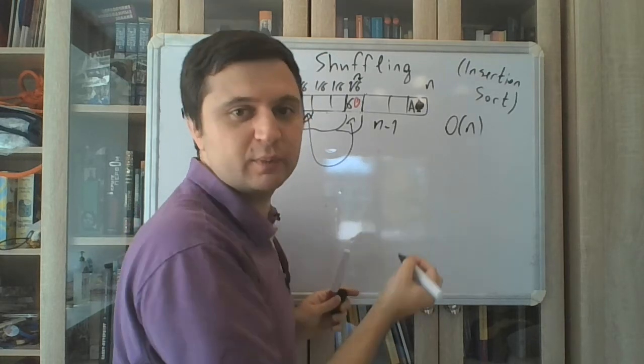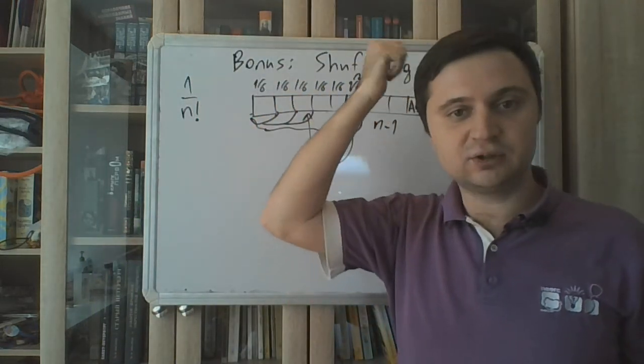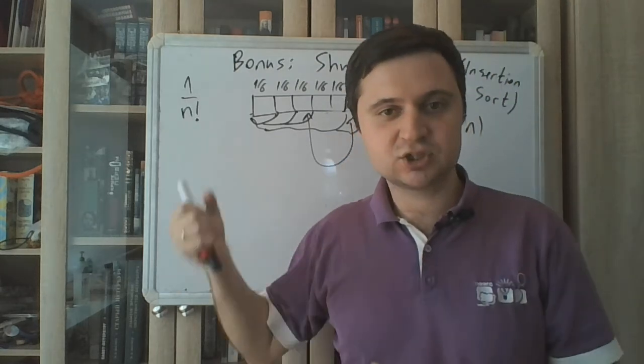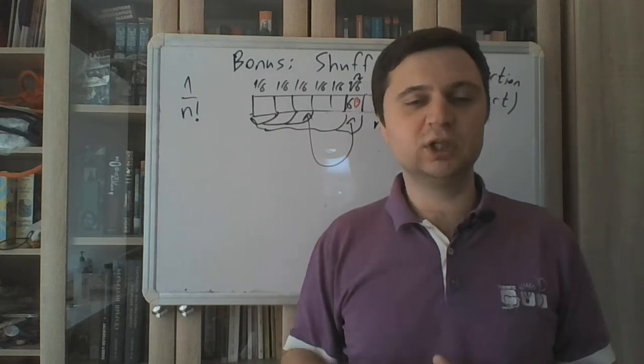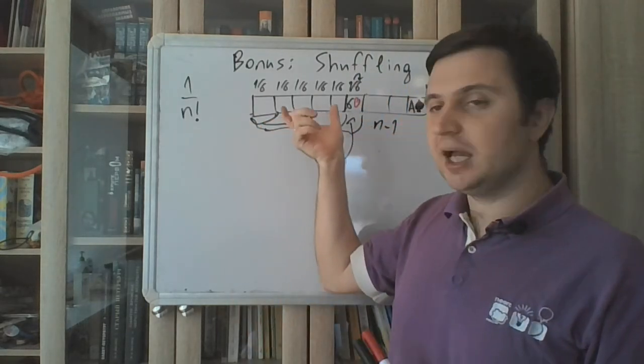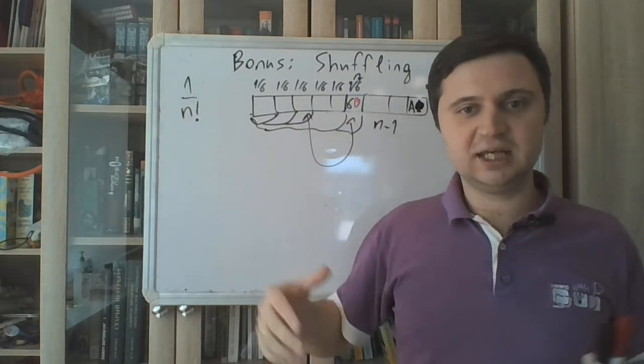No one cares about the -1. In linear time you will shuffle the original data structure, the original elements, such that all the permutations are equally probable. And the approach is the same: have the problem solved here, extend, and extend.